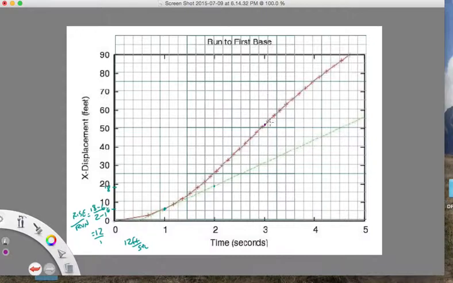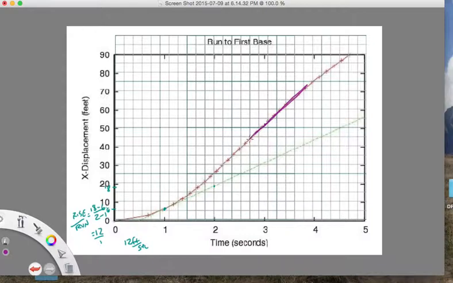This line right here, I'm going to be honest with you, it looks pretty straight to my eye. You're going to probably say, yeah, that makes sense. This red line at this section right here looks pretty straight. So the tangential line is probably going to look just like this. Oh, it should be straighter.